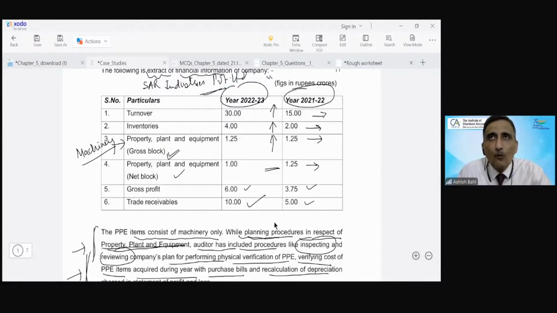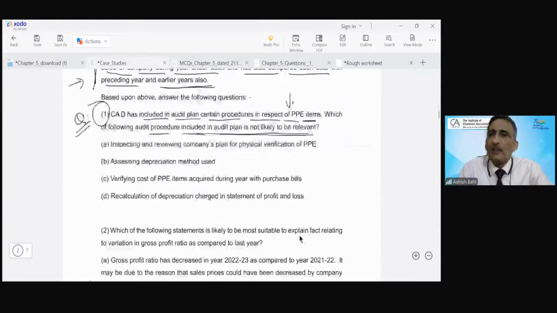So assimilate what is the data relating to property, plant and equipment given in this table. Okay. Now see the question again.